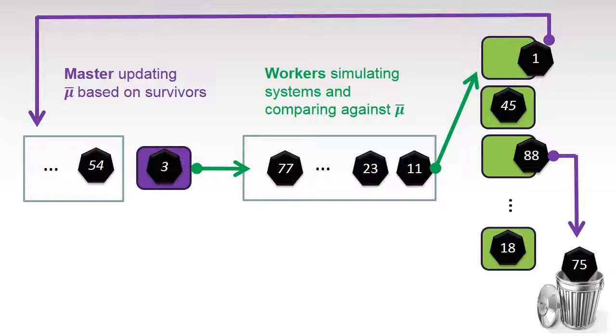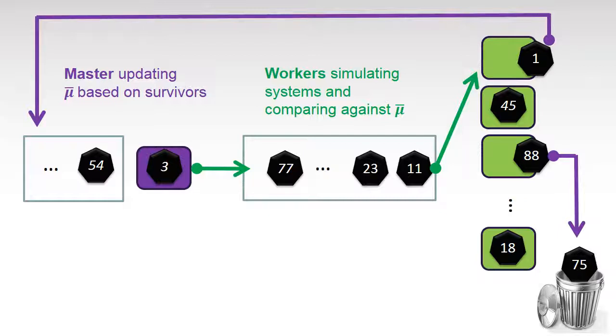This picture indicates how BYPASS works. There's a master processor indicated in purple and P worker processors indicated in green. And the black icons are the jobs or systems. The master has a queue of systems that it assigns to the workers when a worker becomes free.